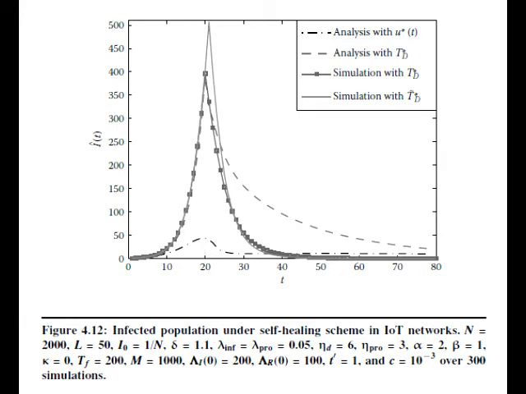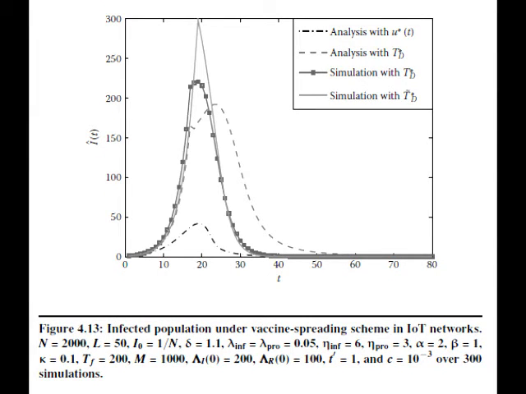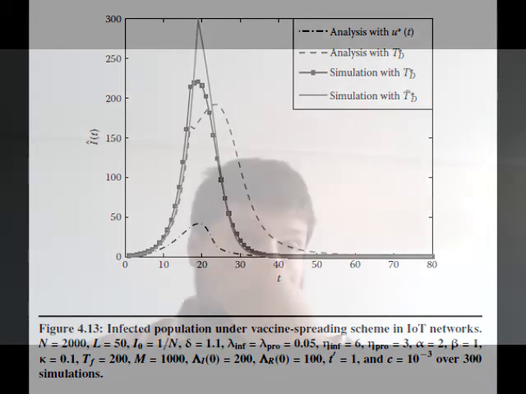That means for us, if we can release a vaccine more quickly, we can recover from the malware, and fewer nodes are affected. So, in conclusion, it's very important to analyze all of this.